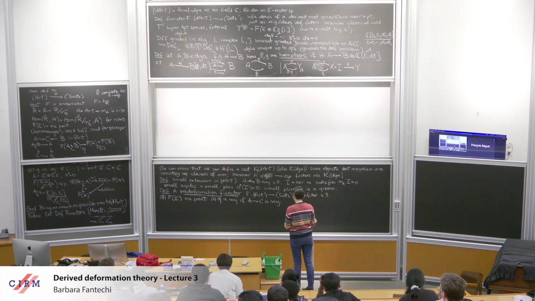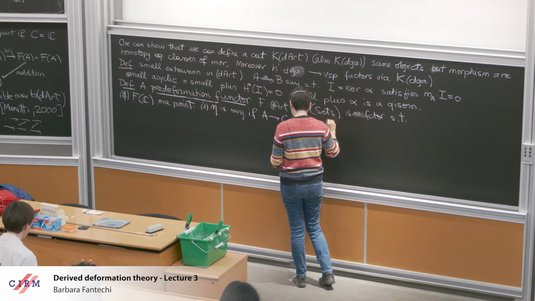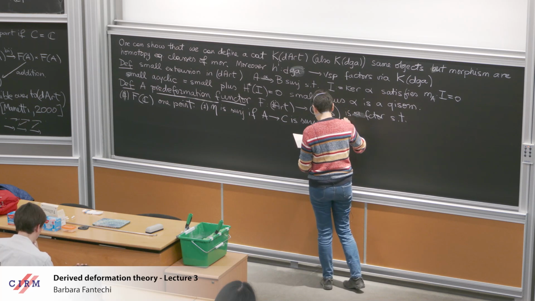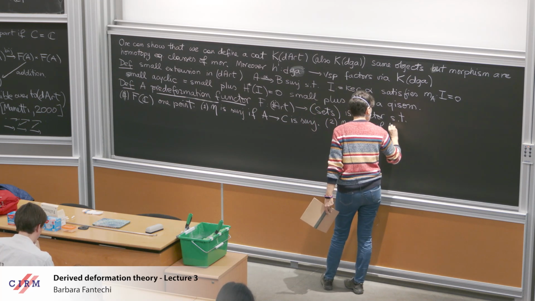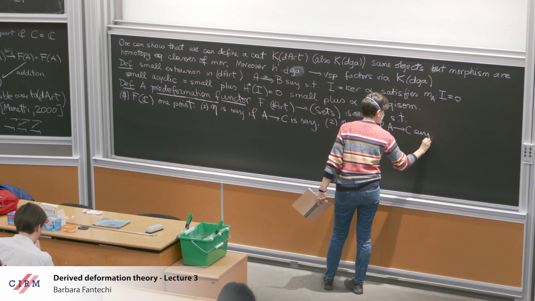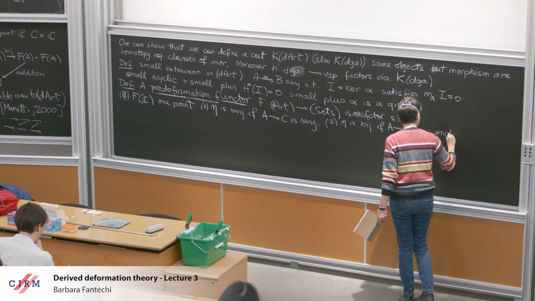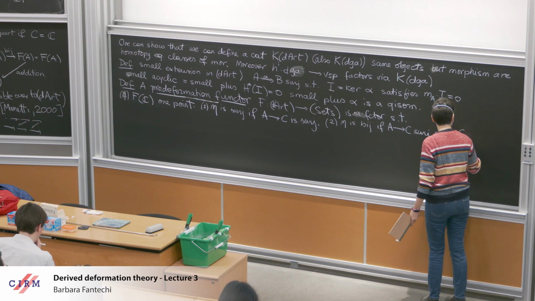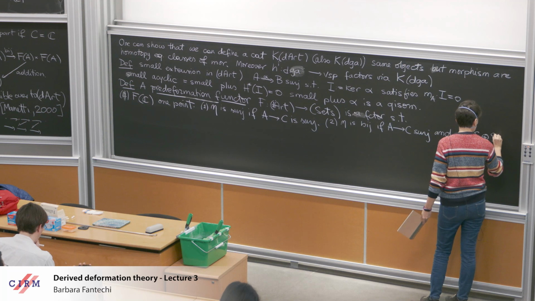And moreover, we want that eta is bijective if A to C is surjective, and let me say it informally, C is C plus a graded vector space.